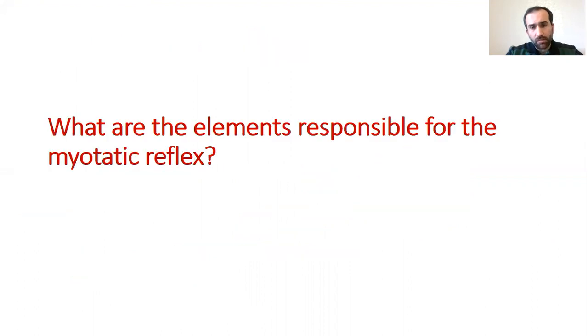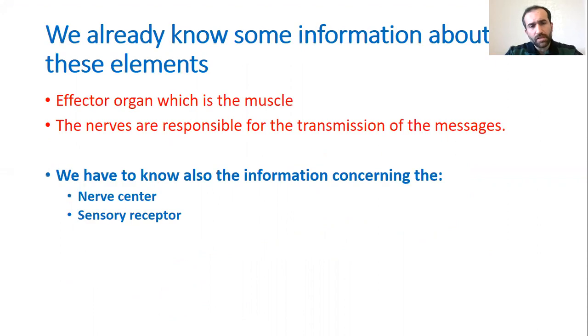Now, what are the elements responsible for the myotatic reflex? This is our question today. We already know that there is an effector organ in this reflex that is the muscle, especially a part of the muscle that we will see.